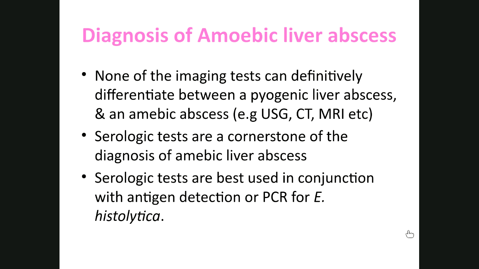Remember one very important thing here: serological tests are negative in intestinal amoebiasis. They have no value in diagnosing intestinal amoebiasis. You can also do an antigen detection or PCR for Entamoeba histolytica on the material drawn from the abscess.